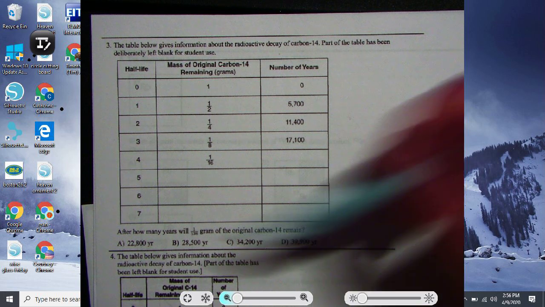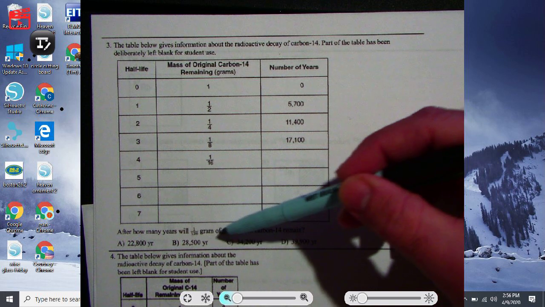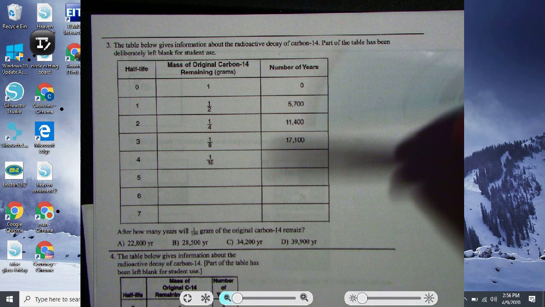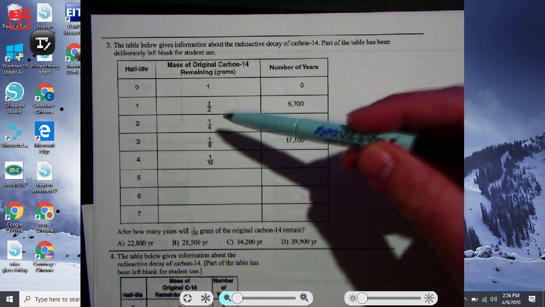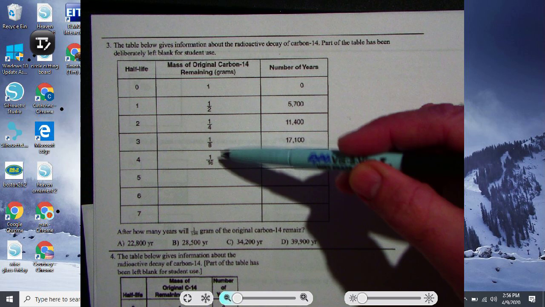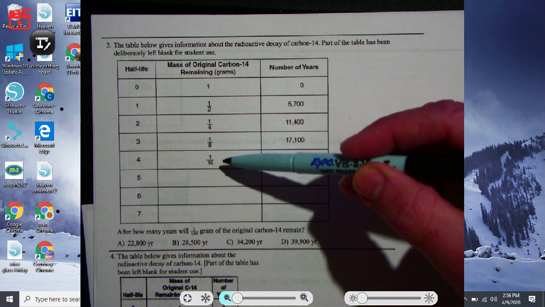Okay? Now, it says, after how many years will 1/128th of the original carbon-14 remain? All right? Well, first things first, notice in each one of these examples here, the fraction is getting smaller by a factor of 2, meaning we're doubling the denominator in each of these.